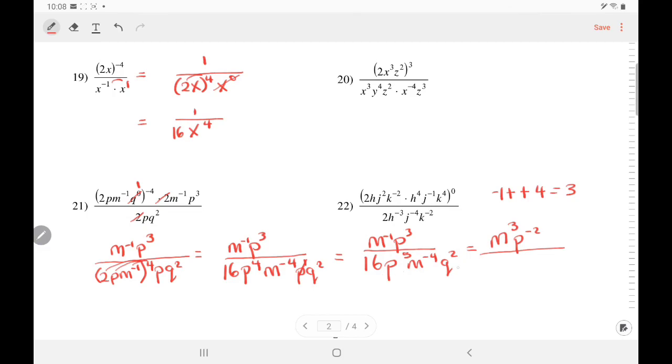Over, you still have the 16. We already combined the p's and the m's. We still have a q squared. One last thing. p has a negative exponent. p has to move. m cubed stays on top. 16, and p now has a positive exponent, and q squared.